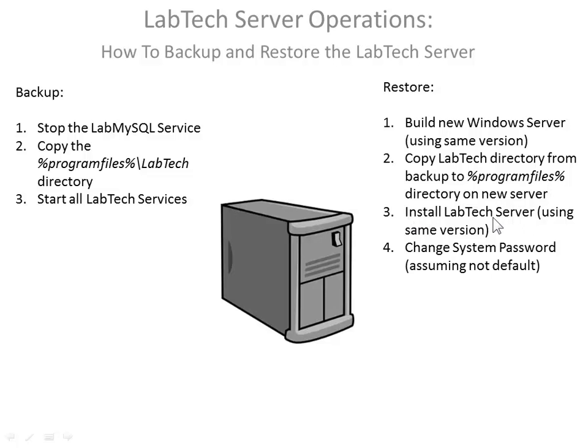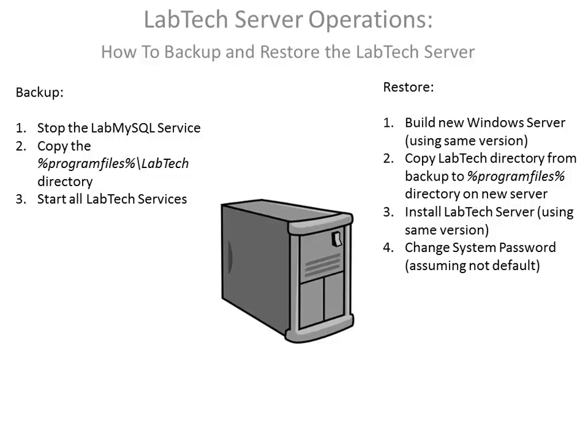Then go ahead and install the LabTech server. Again, just like with the Windows server, we're going to be using the same version of LabTech to do this install as was running when we made this file copy. Once the installation is done, your LabTech server will be up and running. If your FQDN is set at that point, your production agents should be reporting into it immediately.